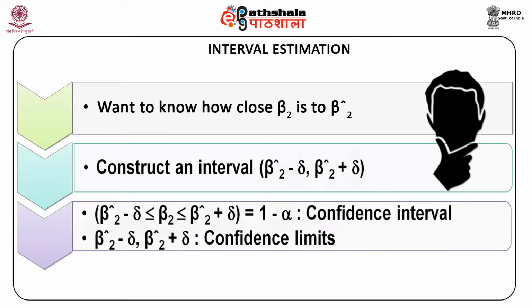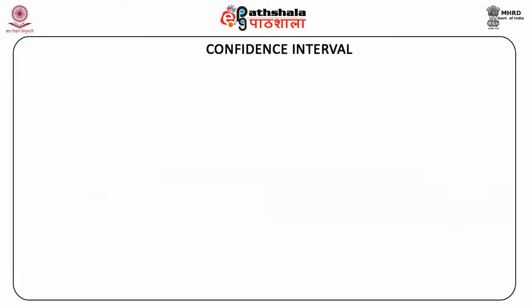The probability that beta 2 lies between beta hat 2 minus delta and beta hat 2 plus delta is equal to 1 minus alpha, which is known as the confidence interval. Alpha is the level of significance. 1 minus alpha is the confidence coefficient. Beta hat 2 minus delta and beta hat 2 plus delta are the confidence limits. Now we have confidence intervals for beta 1 and beta 2.